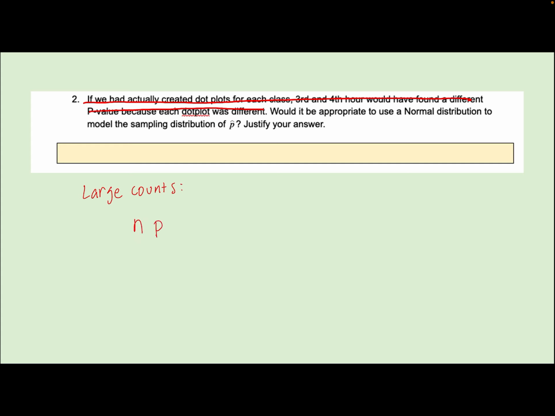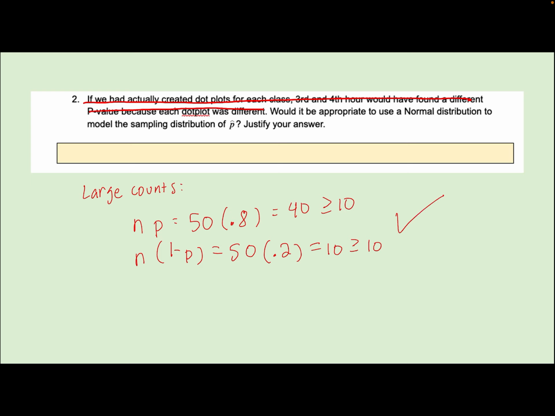So I'm going to do n times p and n times 1 minus p. N is 50, p is 0.8, so this would be 50 times 0.2. So I get 40 and 10. Both of these numbers are greater than or equal to 10, so yes, the sampling distribution for p hat will be approximately normal.